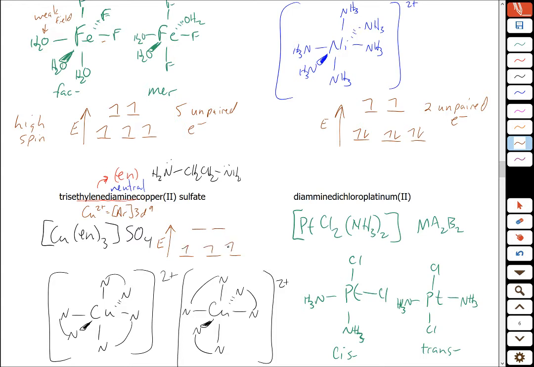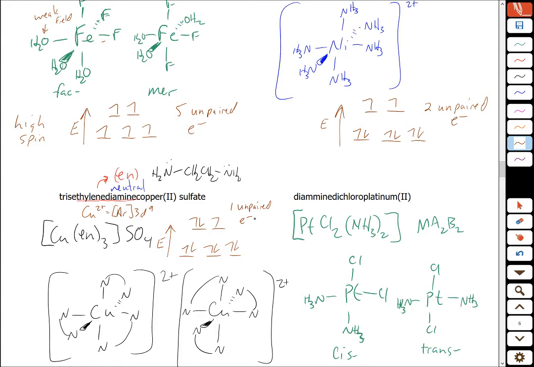So 1, 2, 3, 4, 5, 6, 7, 8, 9. That time I went up, I put 1 in each orbital just to show you that it doesn't matter how you do it. You can only get one configuration. That's one unpaired electron. Okay?